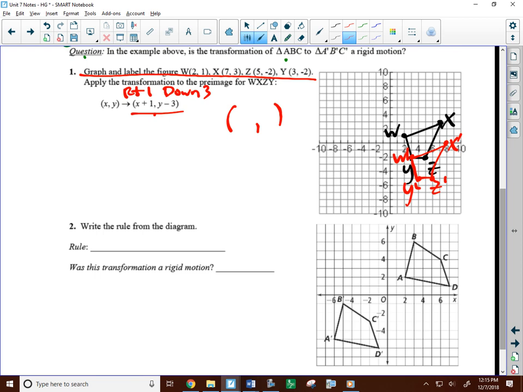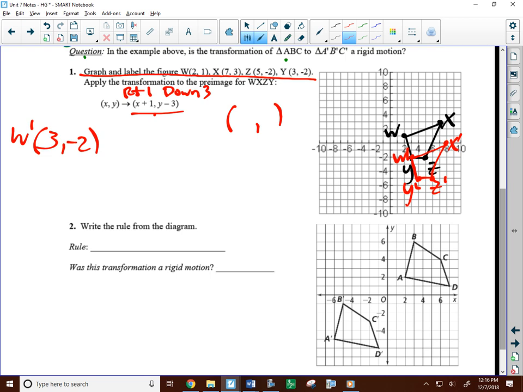So there's the result, every point right 1, down 3. If they said list the coordinates, I would just graph them first, and then list them. For example, W prime is (3, -2). Okay, and then you could list all the others. But they'll always say graph or list.